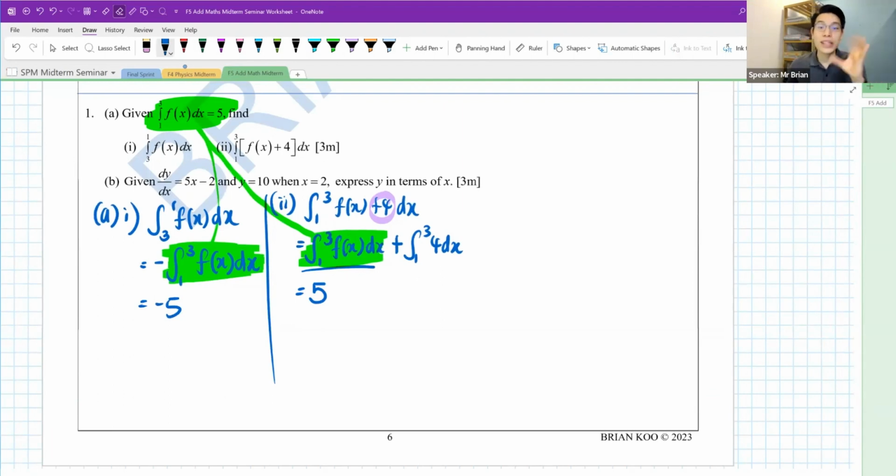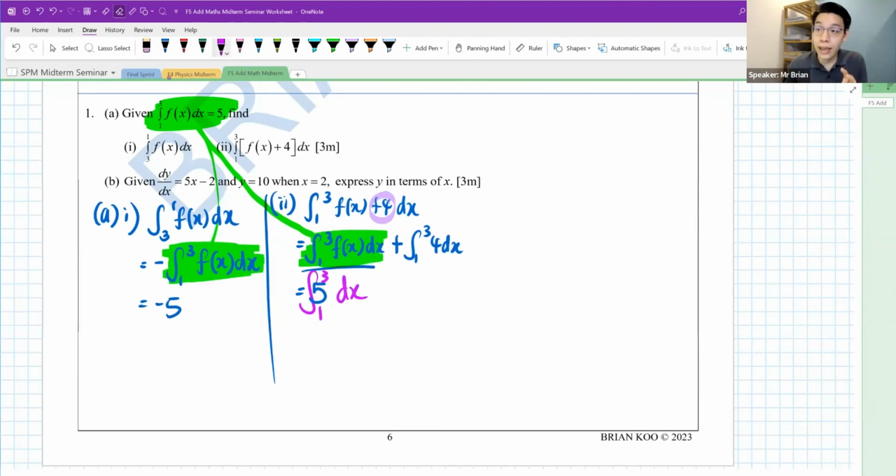Let me tell you the common mistake here. We see that it's 5. Our hand becomes very itchy. You know why? Because we are so not used to seeing a question that doesn't require us to integrate. Some people will think, hey, I haven't integrated yet, let me go and integrate this lah. The moment you do that, it is wrong.